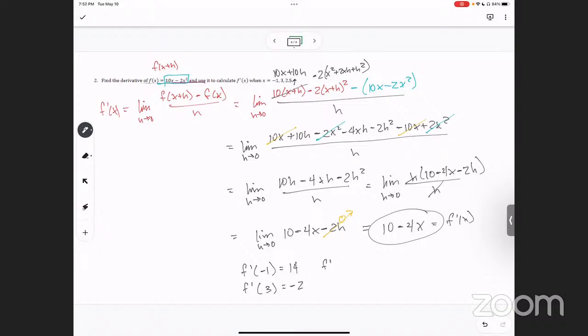What's f prime of 2.5? 2.5 times 4 is 10. So 10 minus 10 is 0. There you go.